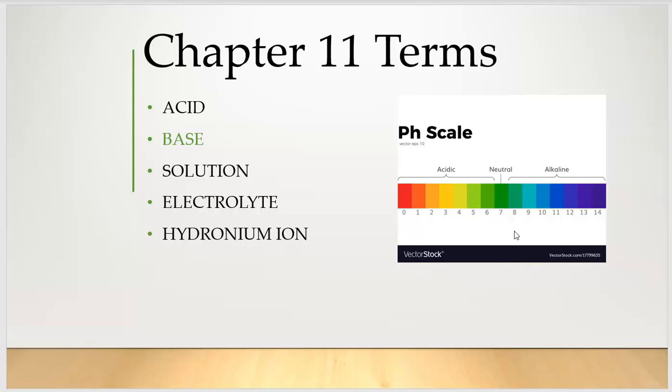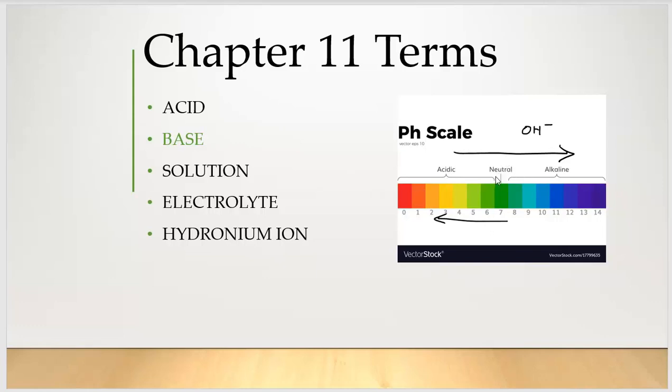Remember that bases are essentially defined by the increase in hydroxide ions in the solution, and acids are essentially defined by how many protons they've added to the solution. But we're actually going to discuss what they call it in your book in just a second. Also, don't forget that this is not a linear scale.